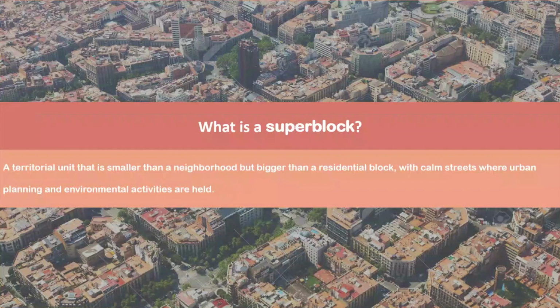What makes a block a Superblock? It's a unit of blocks smaller than a neighborhood but bigger than a residential block, where we can use the small streets inside the block as an urban space for the neighbors to interact.